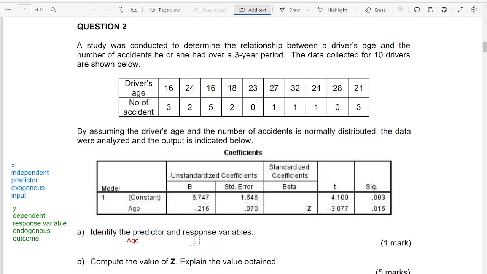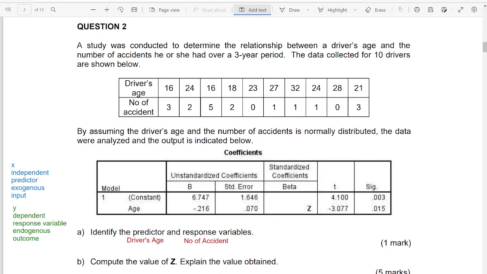In this case, to be more precise, we put driver's age. So driver's age will be the predictor, and for the response variable, this will be the number of accidents. So we have the predictor and the response variable.